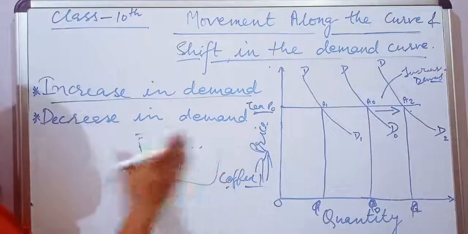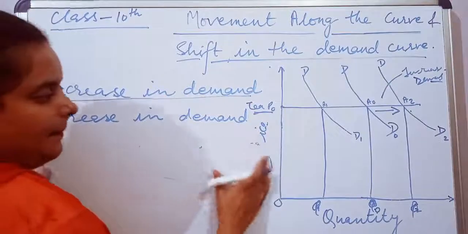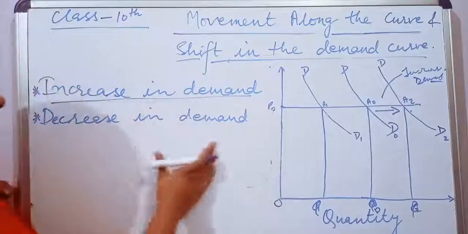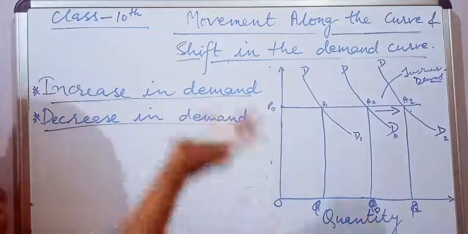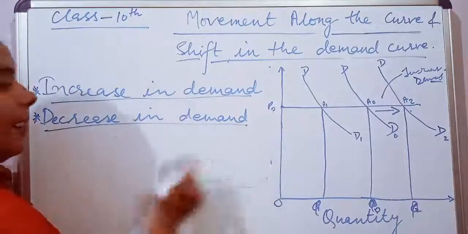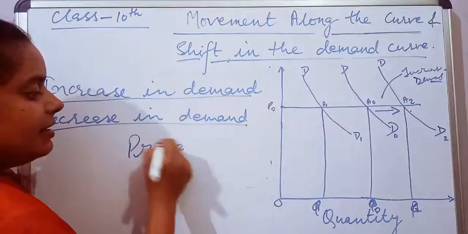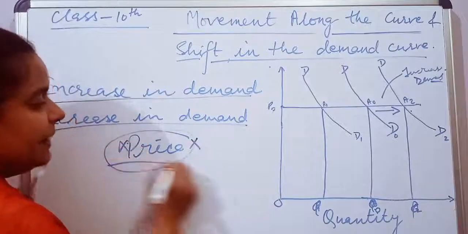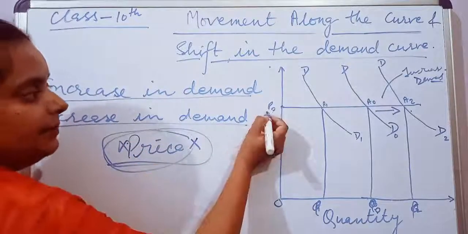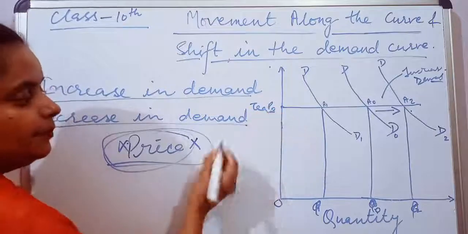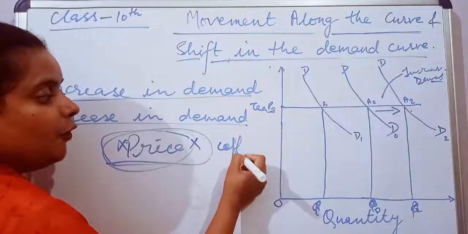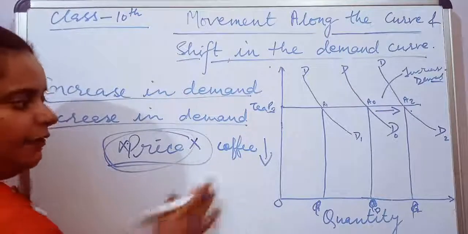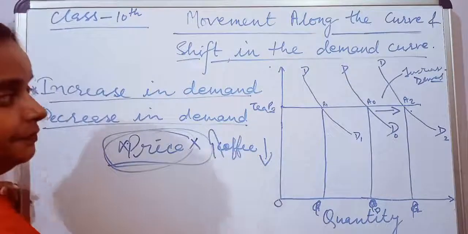In the same way, decrease in demand will be just the opposite. The price is not changing, the price of tea is the same, P0. Now what happens? The price of coffee decreases. When the price of coffee decreases, the demand for coffee will increase, right?